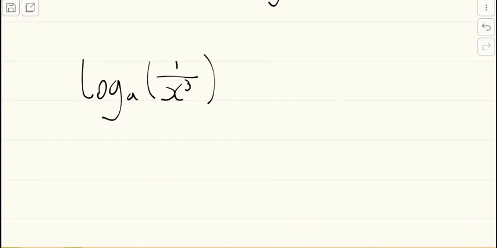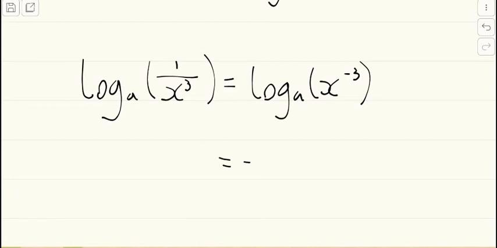Okay, so very quickly have a go, or pause the video and have a go. Okay, and using our log laws, again, that's the same thing as log to the base a of x to the power of minus 3, giving us that that's equal to minus 3 log to the base a of x.